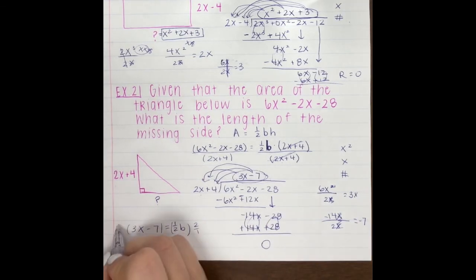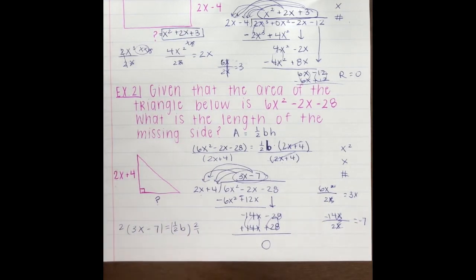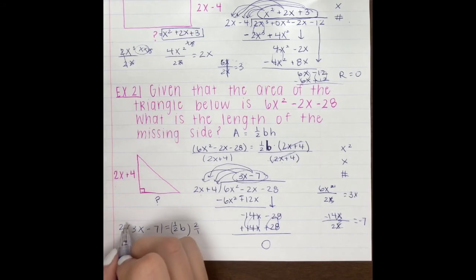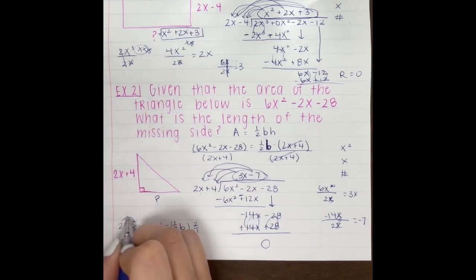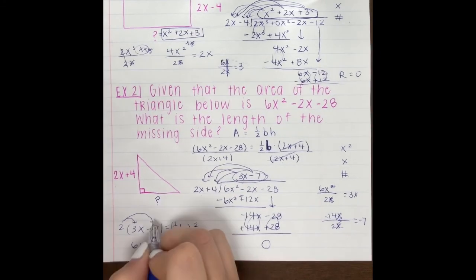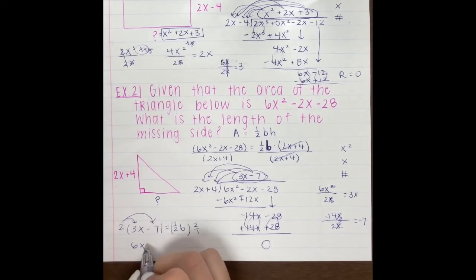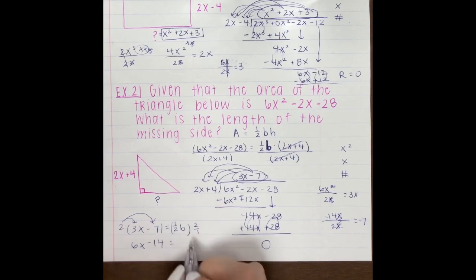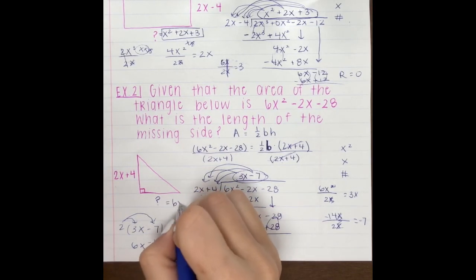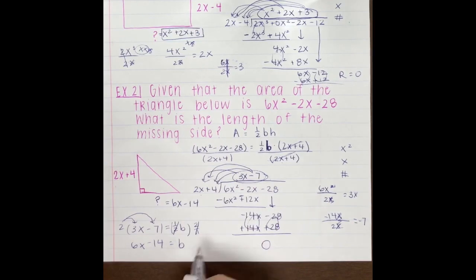So we're going to multiply this side by a 2 also. And then we're going to distribute. So 2 times 3x is 6x, and 2 times a negative 7 would be a negative 14, which means my base is 6x minus 14. That's our answer.